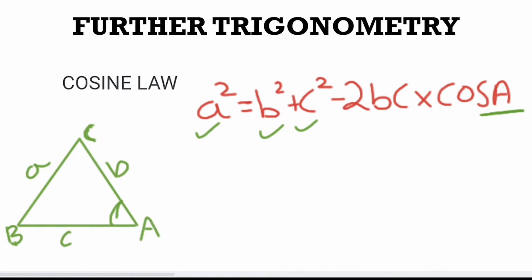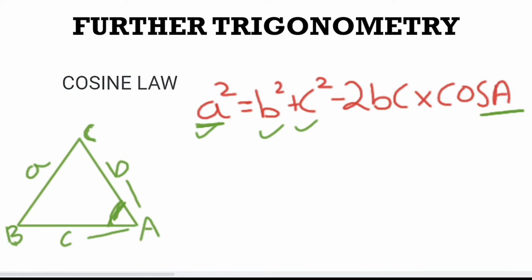Now let's discuss how we can apply the cosine law. If you want to find a side, let's suppose you want to find side a, then we must know the side b and the side c and its included angle. The included angle means the angle formed where two sides meet. Suppose b and c meet at this place, they form an angle over here.